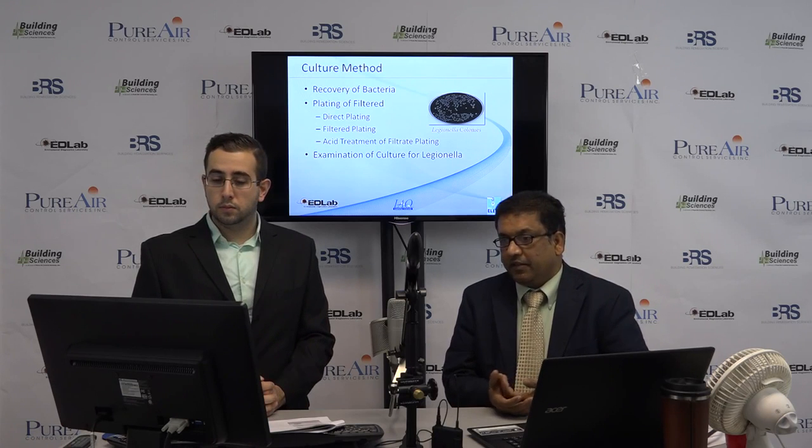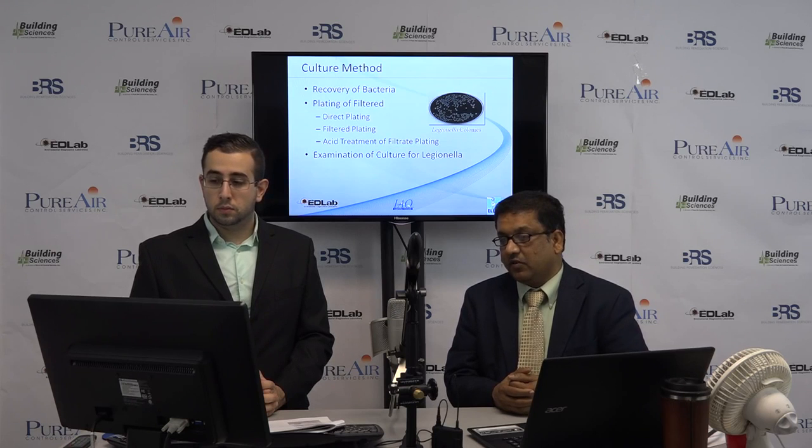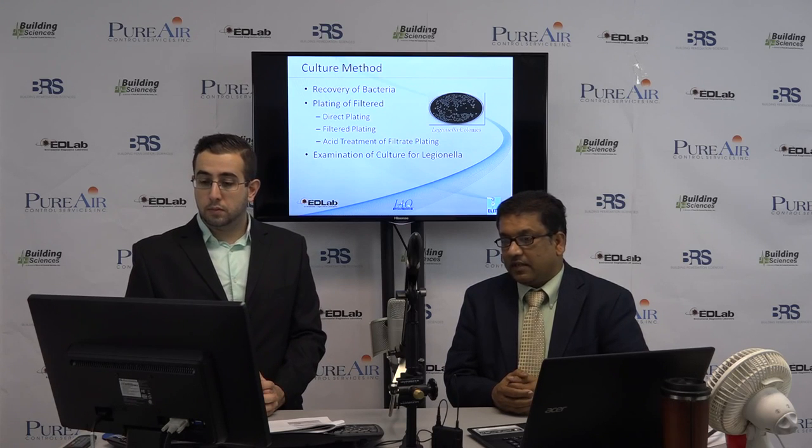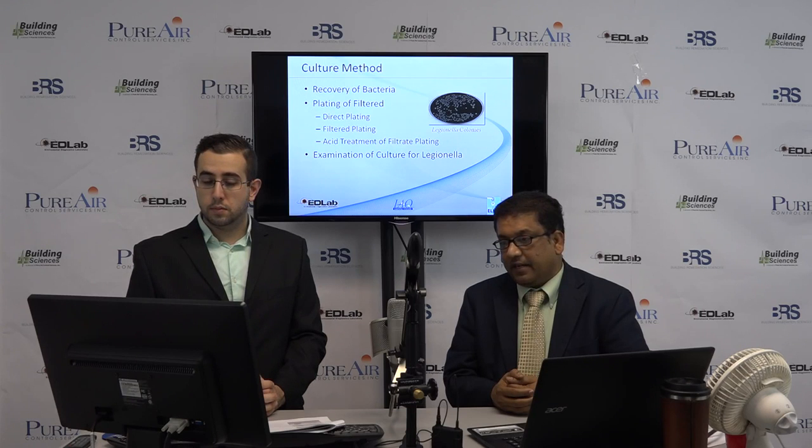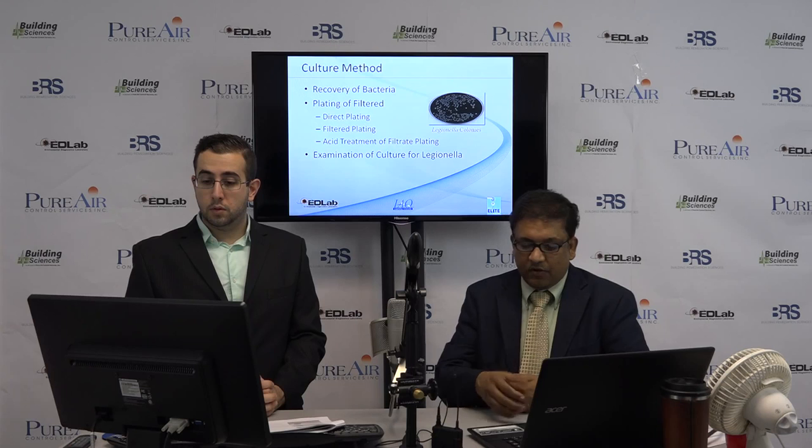The plating is either direct plating or filtered plating. Sometimes people treat with acid, so other organisms which are not the target organism do not survive in the acidic environment, and only Legionella survives. So you end up getting colonies of Legionella if there is any Legionella in that sample. Afterward, you evaluate the obtained culture very critically, and that's how you make your presumptive identification of Legionella.